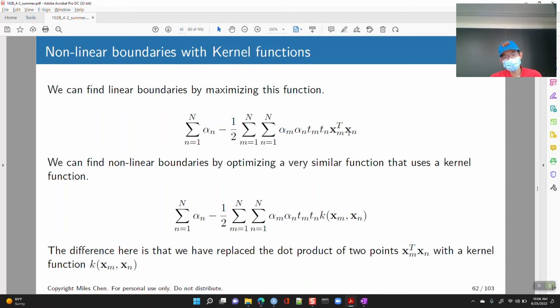And we have this inner product between x, we're taking these inner products between every 2 points in our data set, xm versus xn, okay? We go through basically every single possible combination between all of our x's, right?